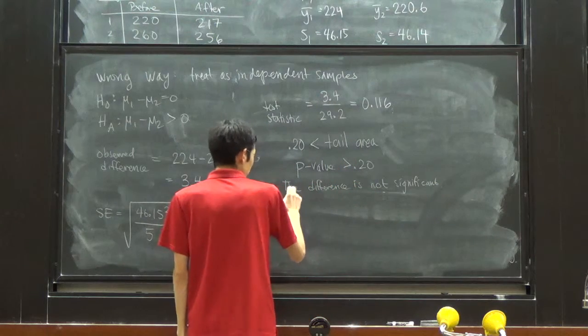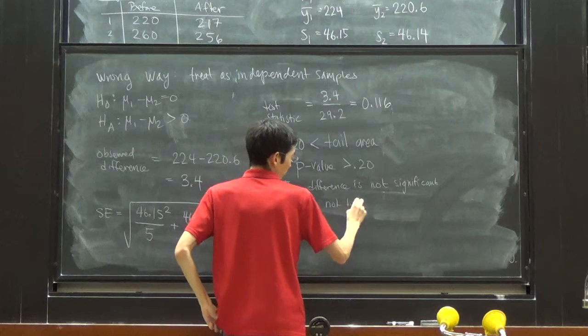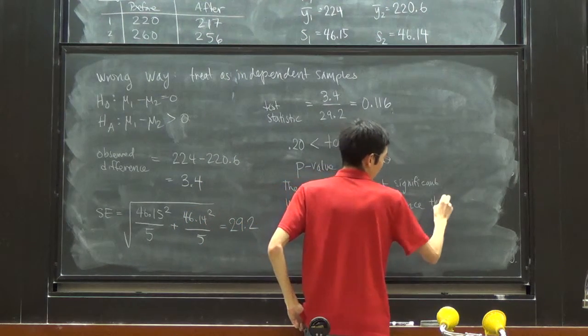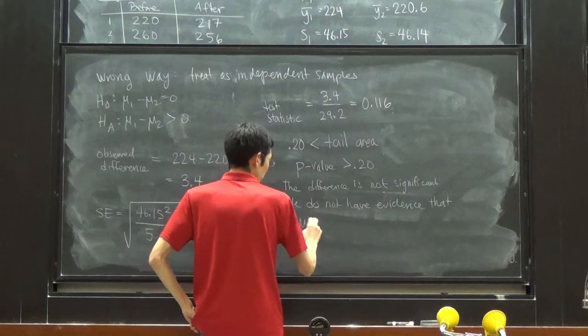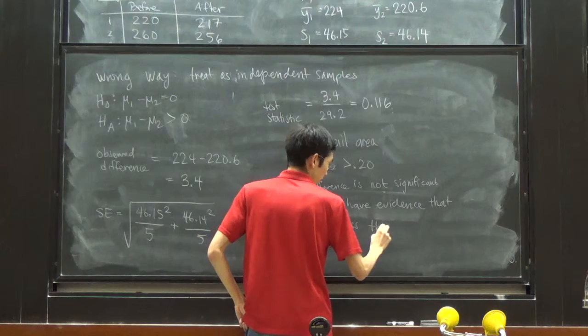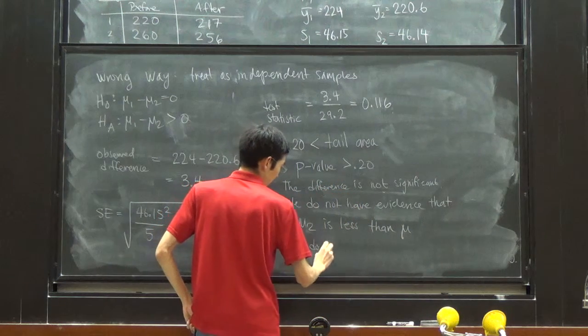And we would say we do not have evidence that mu2 is less than mu1. Or we do not reject the null hypothesis. Any of these things.